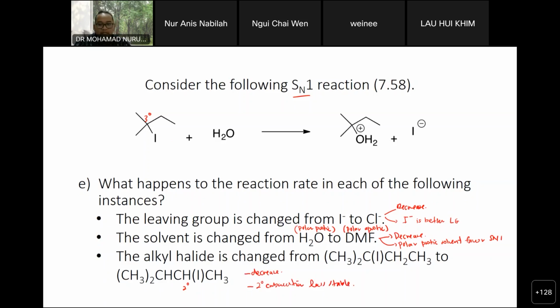Or what we can say is the tertiary carbocation is more stable compared to the secondary carbocation.